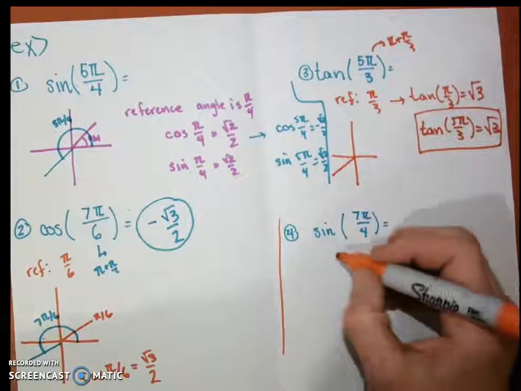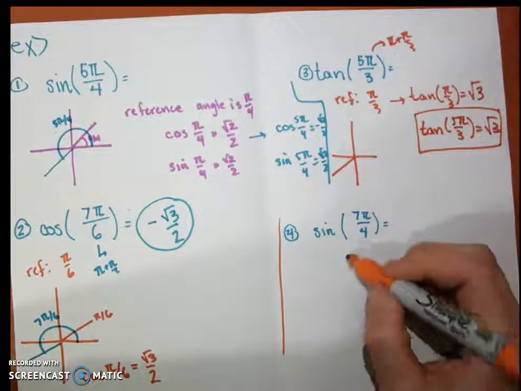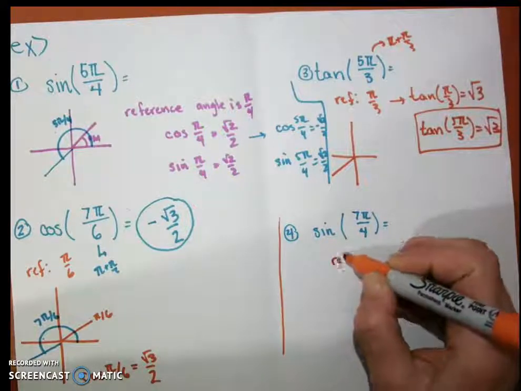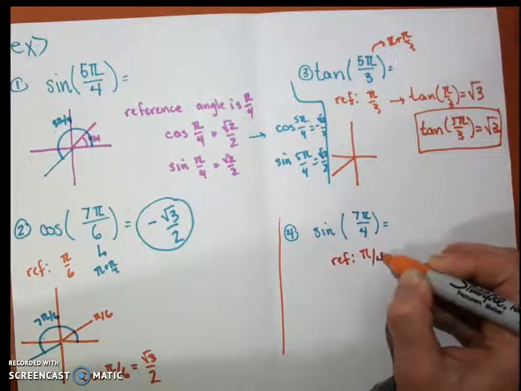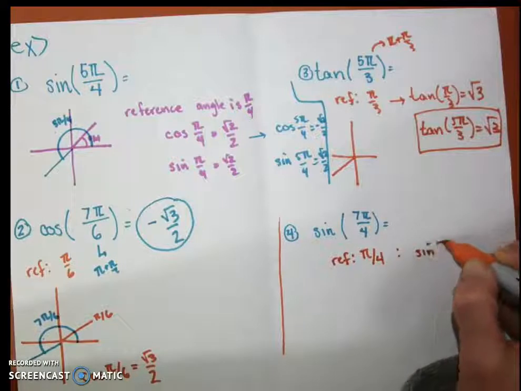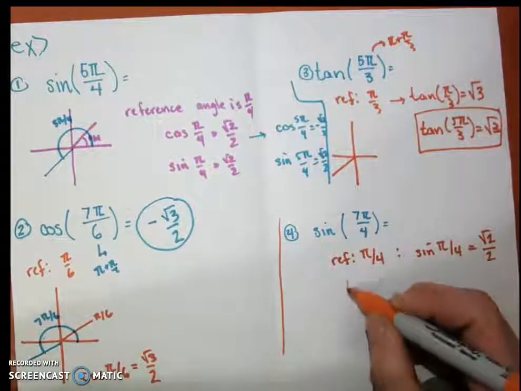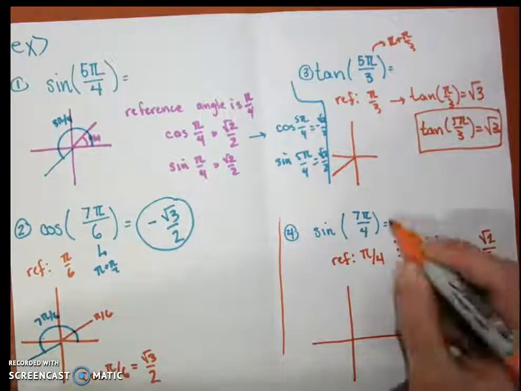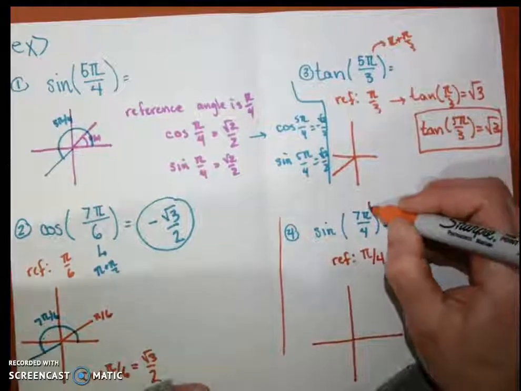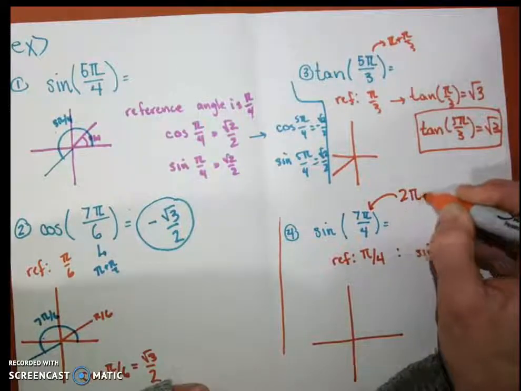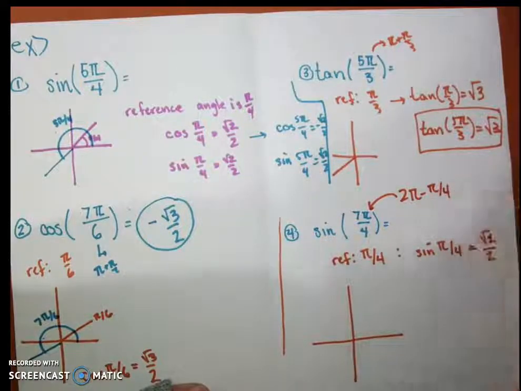Let's do one final example. Sine of 7 pi over 4. The reference angle is pi over 4. And we know that sine of pi over 4 equals root 2 over 2. So I go and I look where 7 pi over 4 is. Well, 7 pi over 4 is 2 pi minus pi over 4.